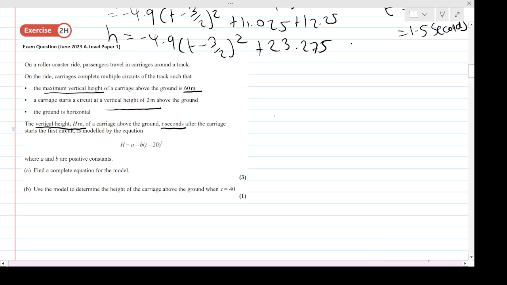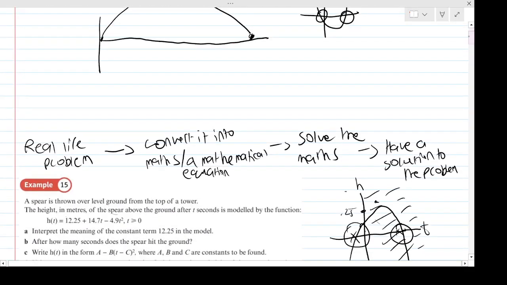So they've not actually told us, unlike the last question, where they gave us all the numbers, the full equation. Here for part A, it says find a complete equation for the model. That's basically saying find all the missing values for A and B to complete that model exactly for h. So in this case, we kind of have to do the first step. Remember when we drew that flowchart thing for mathematical modelling, where we have a real life problem, then convert it into maths.